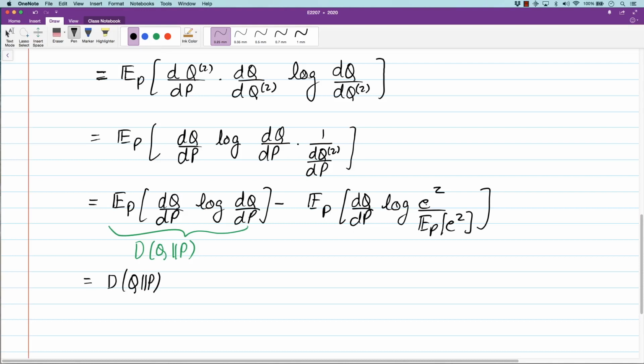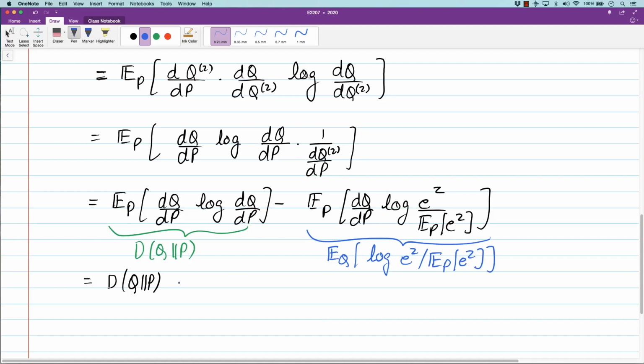And now this I'll divide into two parts. Log of a constant, expected value of some constant. Maybe this one here, the second term here. You can recognize it as expected value with respect to q, because you have a Radon-Nikodym derivative here. This allows you to convert expectation with respect to p to expectation with respect to q. Log of e to the power z by this guy.